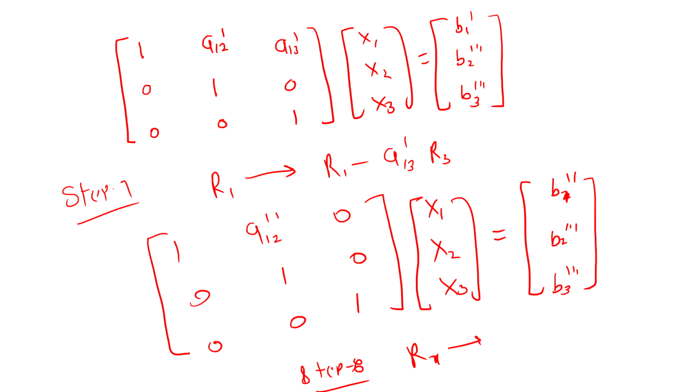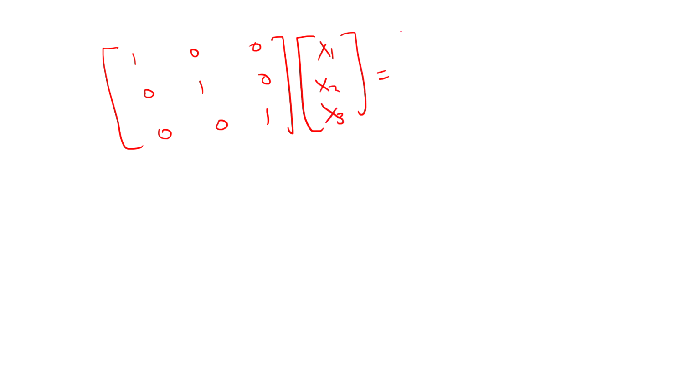R1 is equal to R1 minus A12 double prime R2. Now I am trying to make this 0. So what will this give me? This will give me the identity matrix, 1 0 0, 0 1 0, 0 0 1, times x1, x2, x3, equal to b1 triple prime, b2 triple prime, and b3 triple prime.